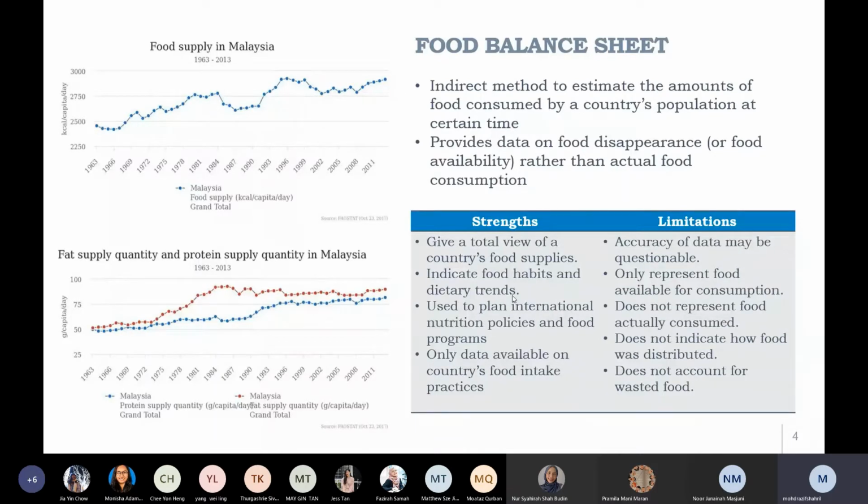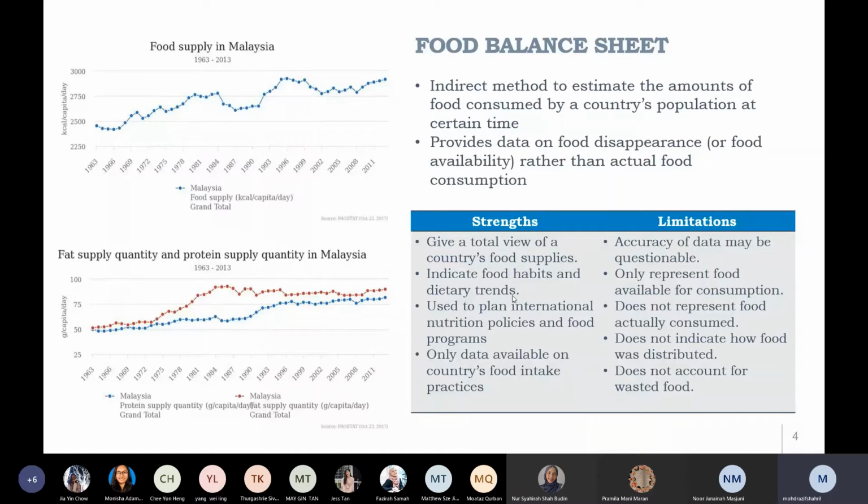They track the consumption of, for example, at the bottom here, fat supply and protein supply over that time frame. Food balance sheet provides data on food disappearance or food availability rather than actual food consumption.